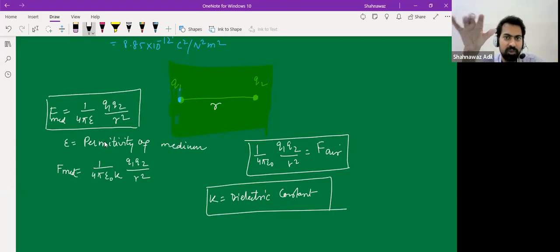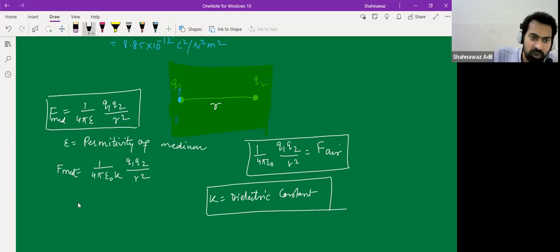It depends upon the charge, the force, and the separation. But when you place those charges in some medium, that permittivity changes, and it changes due to the dielectric constant. So this dielectric constant changes the permittivity, right? Okay, understood.